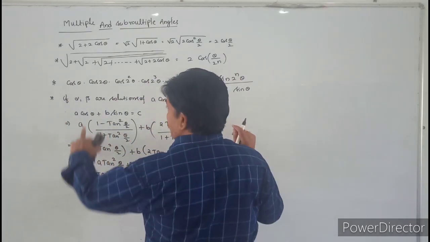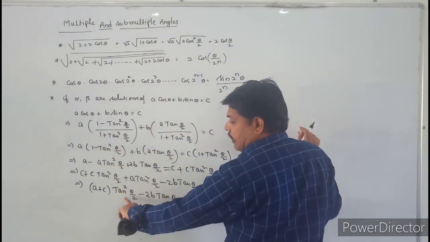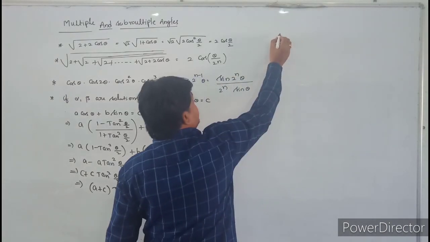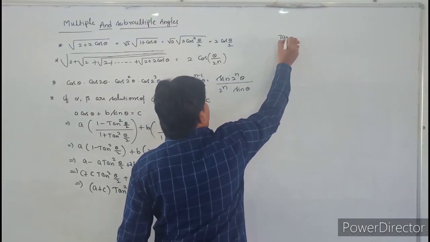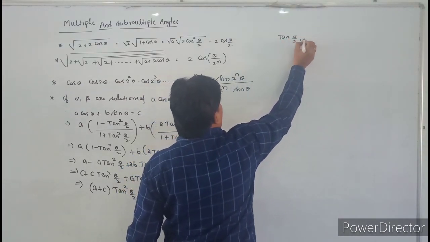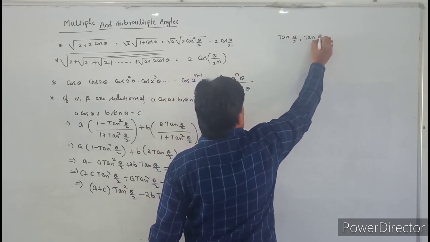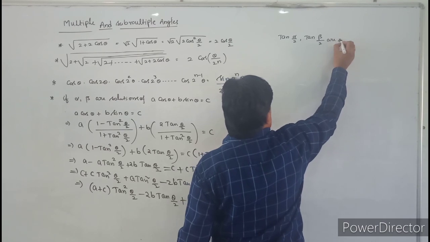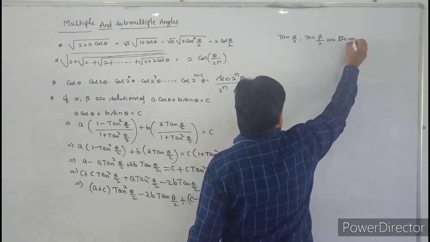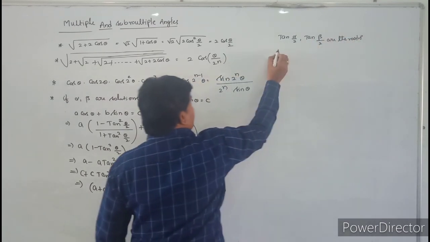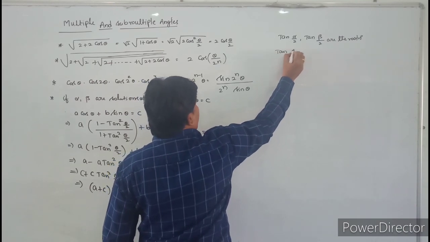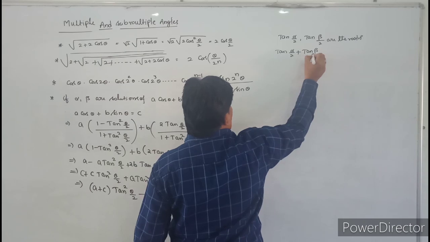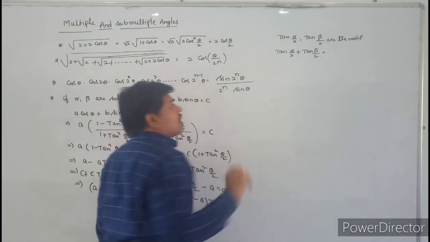So alpha, beta are the roots, then in the place of theta you will take alpha and beta. So then what happens, students? You can take it as tan alpha by 2, tan beta by 2 are the roots. That implies tan alpha by 2 plus tan beta by 2 is the sum of the roots.